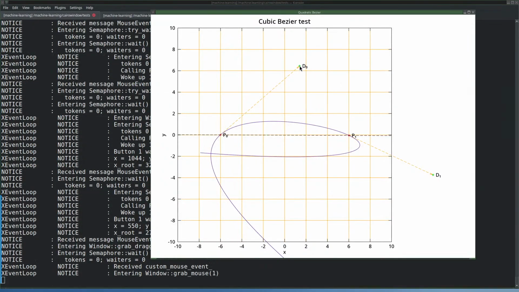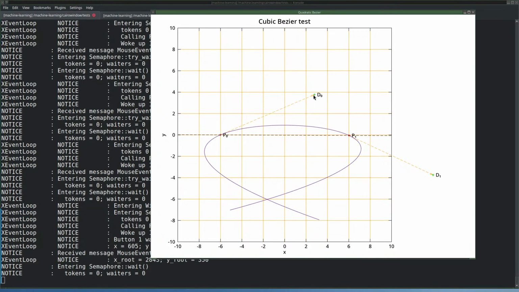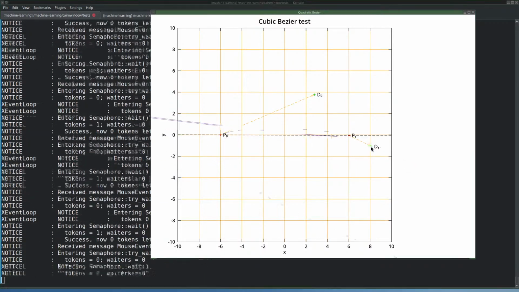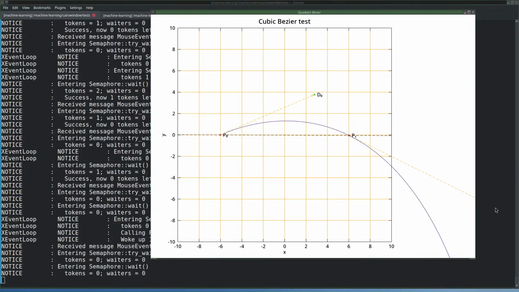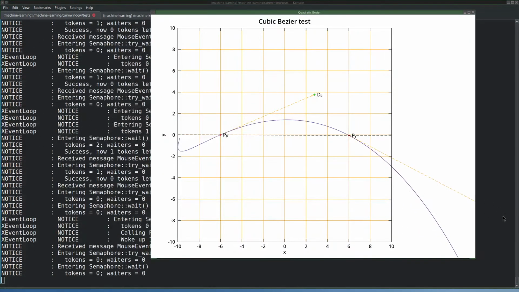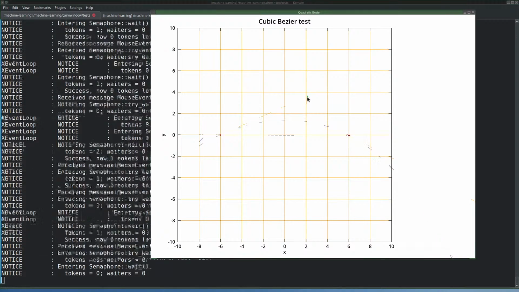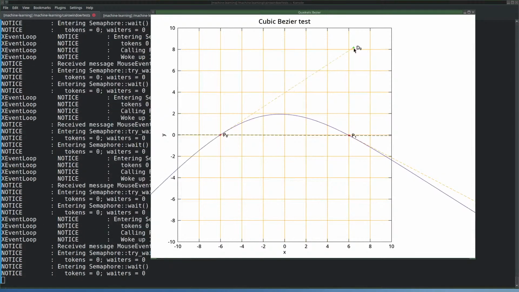Wow. That's pretty crazy. I just have to make them much larger, and here also. You make the speed large enough that it becomes a parabola.